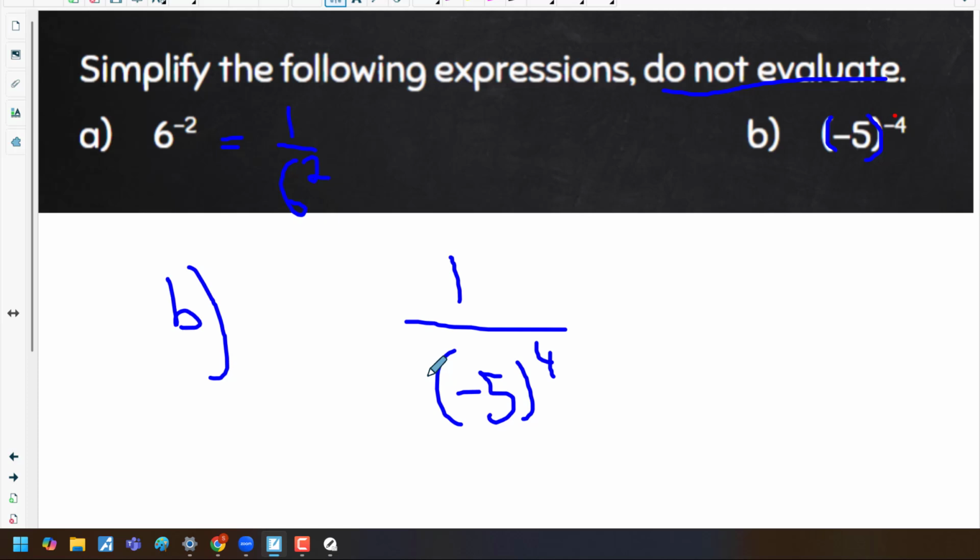The base number, I'll give you something. An exponent cannot change the positive or negative of a base number. Is that true?